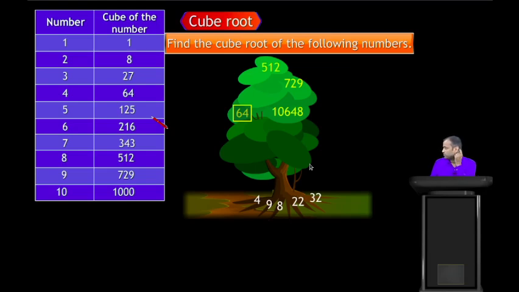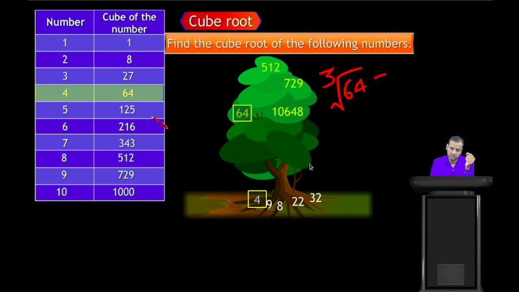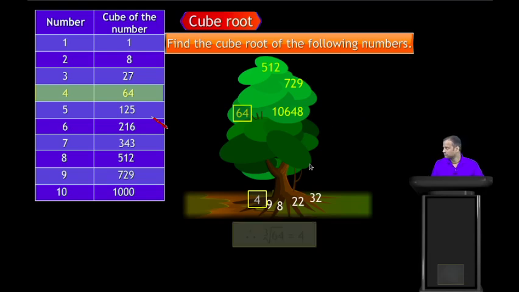What is the cube root of 64? Yes, exactly, it is 4. And how can we write this? We can write the cube root of 64 is equal to 4.